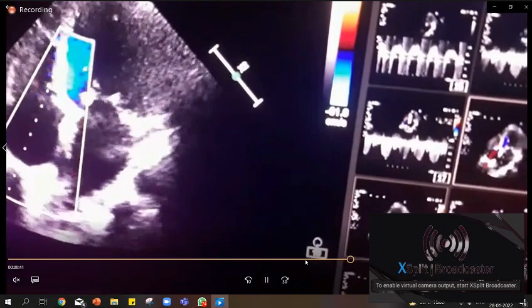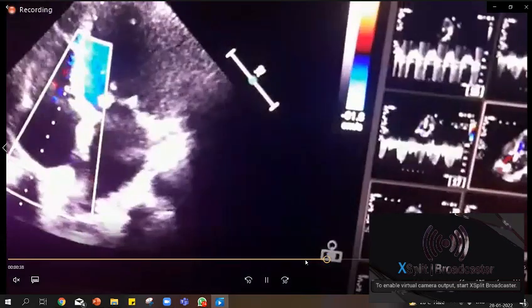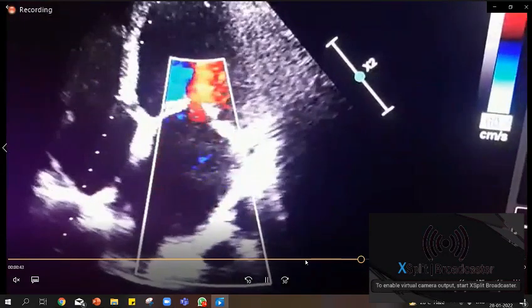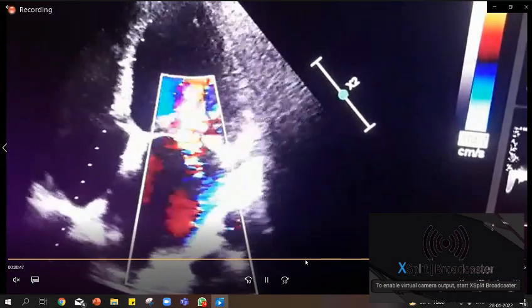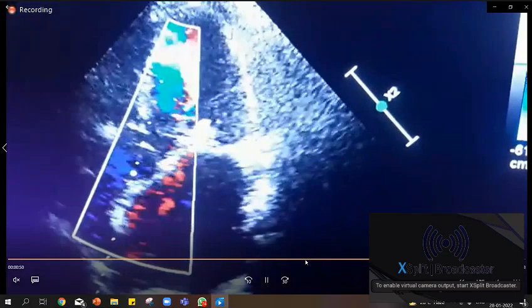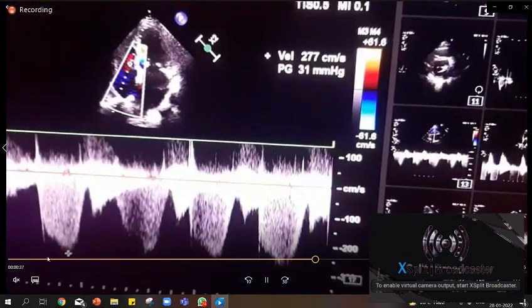What was the PH? It is 31, 41. Oh, that means there's only a mild PH. And TR was grade 2.